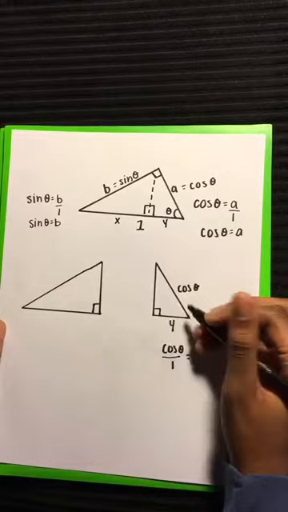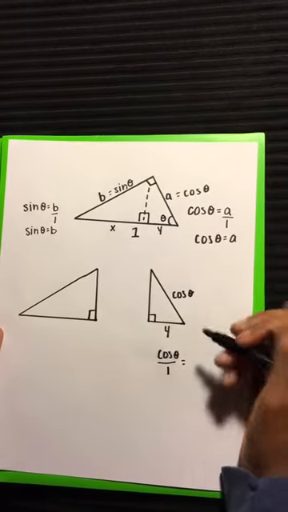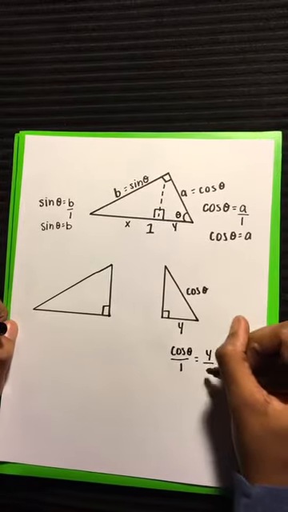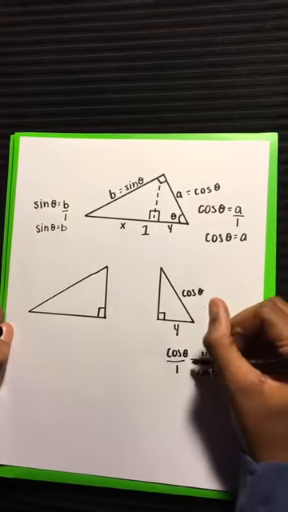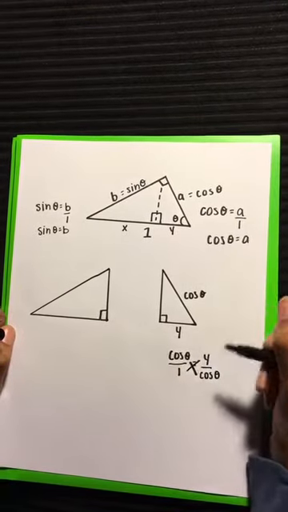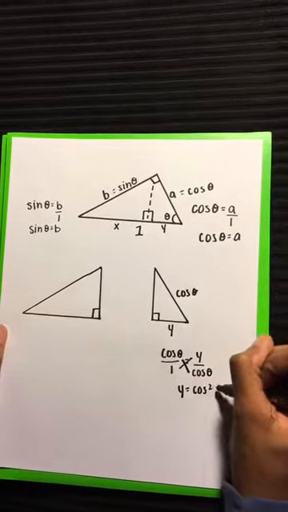And then for this triangle, we know that the short leg is Y, and we're going to put that over the hypotenuse, which is cosine theta. And then you're going to cross multiply, and you get Y equals cosine squared theta.